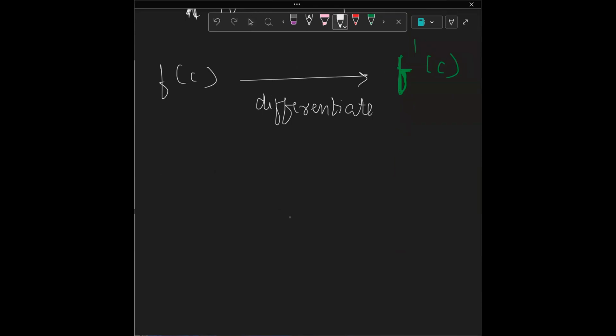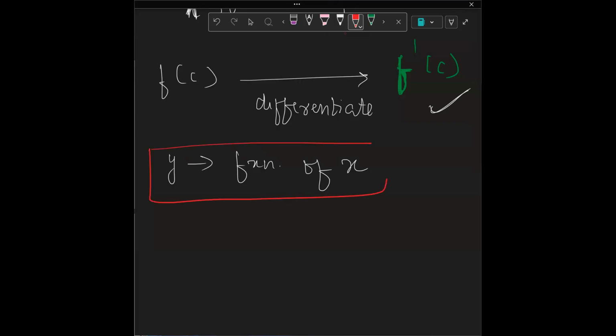Okay, so मैं कुछ notations बताता हूँ how you can use the notation of differentiation. Like this is also one of the notations of differentiation. Like you can have a dash on your function. This represents the first differentiation of your original function. And let's say you have a function y. So अगर आपके पास y है, y is a function of x. What do you mean by this line?